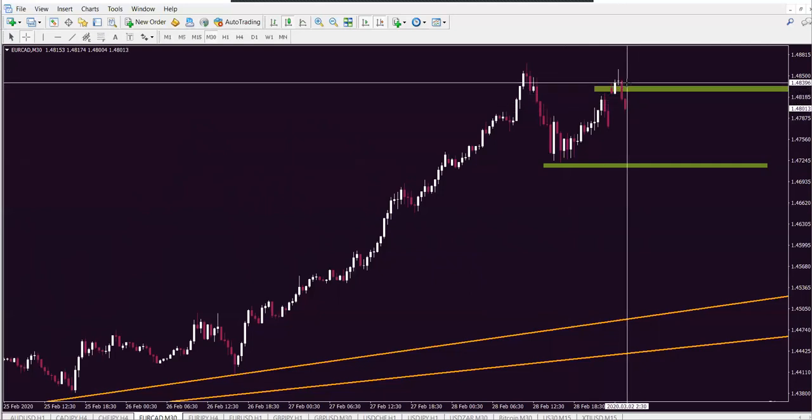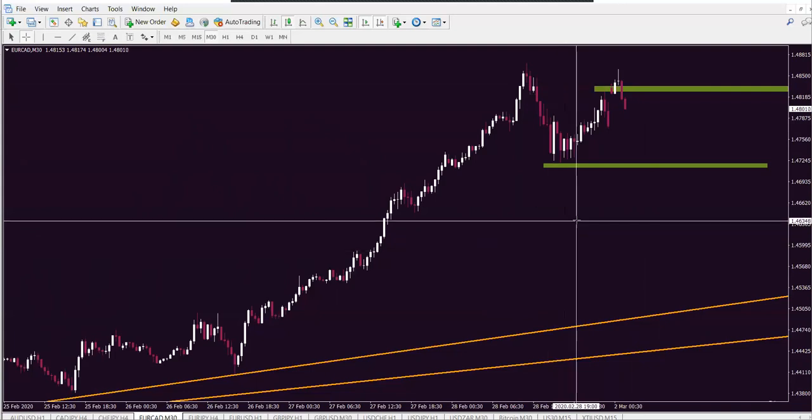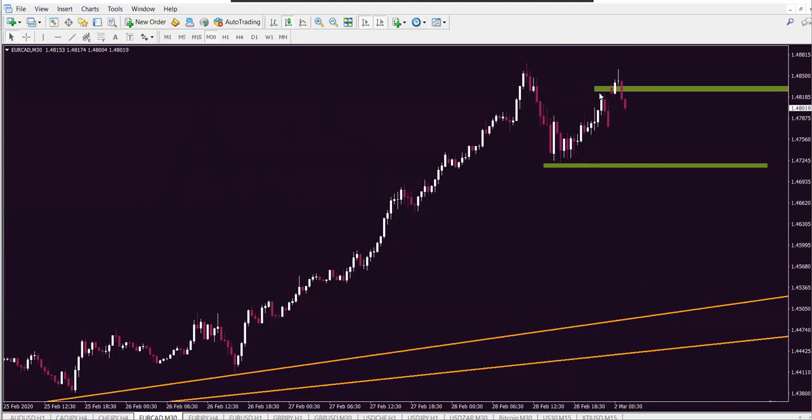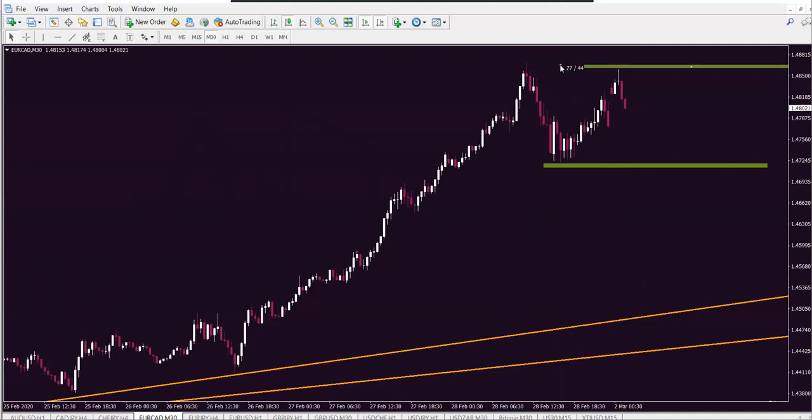But I don't take trades when the market has a gap.